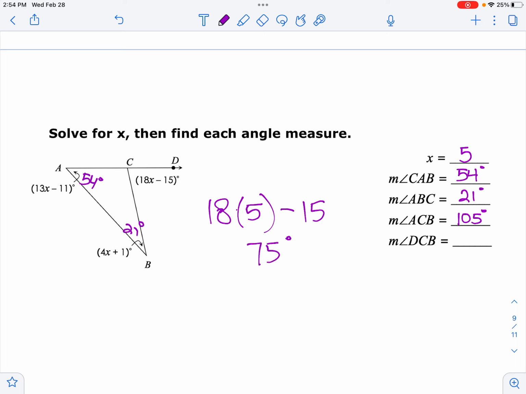Okay, so that makes DCB, this angle right here, 75. That checks out because 54 plus 21 better be equal to that. And then that also makes sense because this angle is 105. So 105 plus 75 gives me a straight angle. So that all works out.